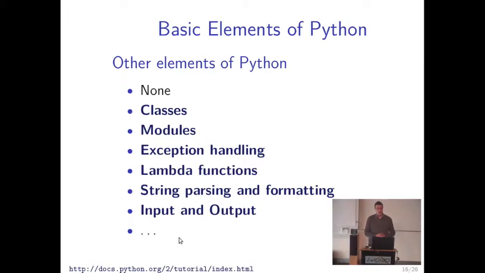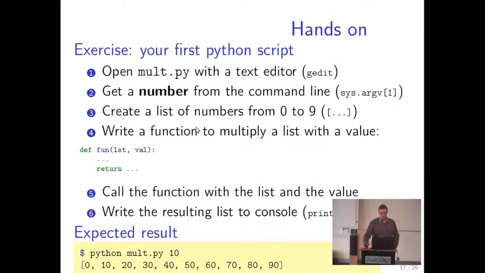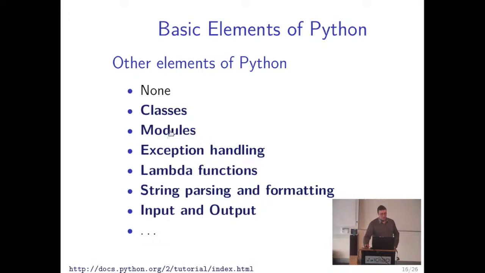There are many more elements in the Python language that, because of the short time today, I will not be able to talk about. So, the None value, which is just a value that you can use everywhere where you do not know anything about it. You can have classes, you can have modules.